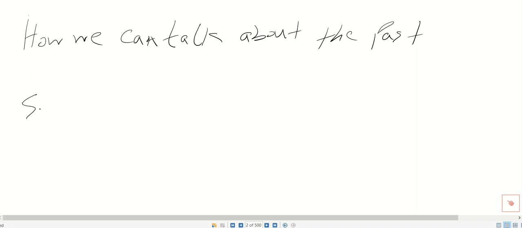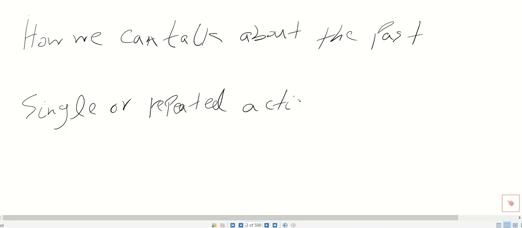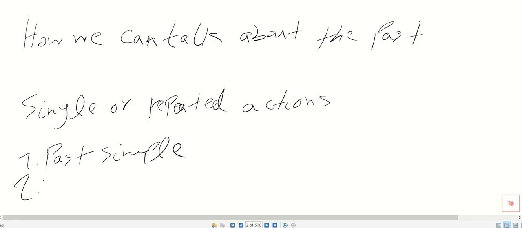First, for single or repeated actions that happened in the past. Okay, so there are two ways we can use them: past simple or past continuous.